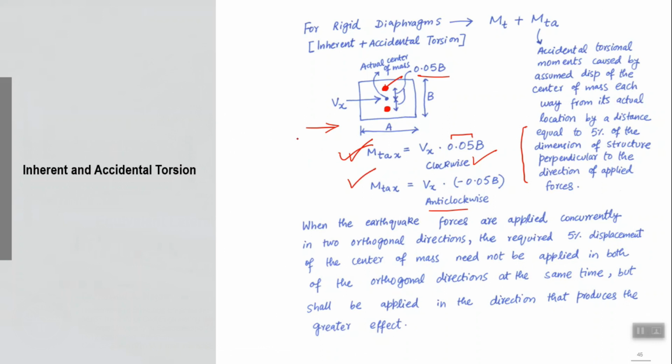So actually this Vx needs to be applied 3 times separately: one at the actual center of mass, one at a 5% positive eccentricity from the actual location, and one at a 5% negative eccentricity from the actual location, right? So for all 3 red dots, one by one you should apply Vx and then run the analysis, run the design and consider the critical case, right?